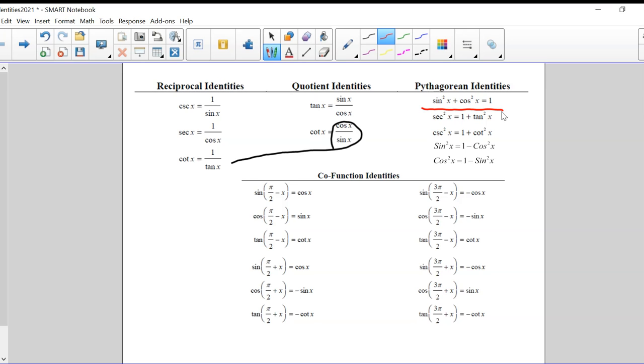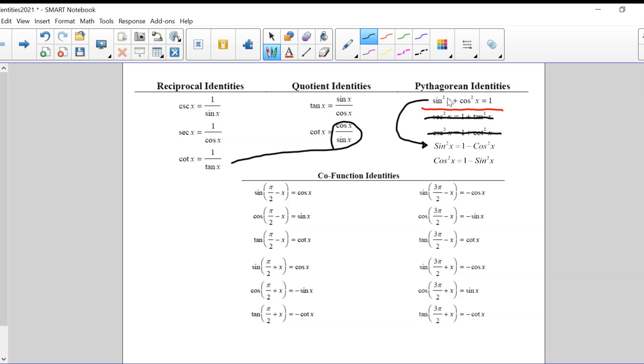I don't want you to focus too much on the next two. So I'm actually going to put a line through them. We can easily derive them, but I don't think we use them that much. The other ones that we use are really just this one rewritten in another way. If you were to rearrange the sine squared x plus cos squared x, put the cos squared x on the other side, you'd get this: sine squared x is equal to 1 minus cos squared x.